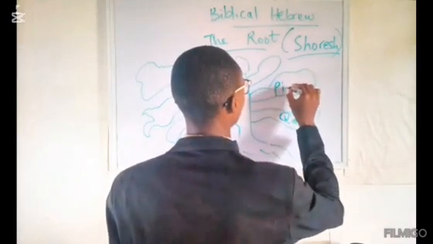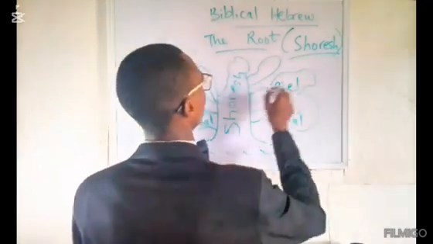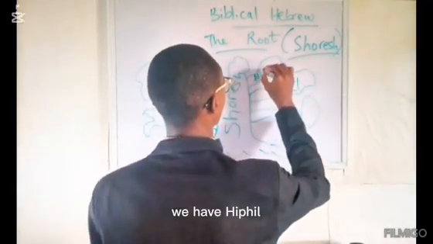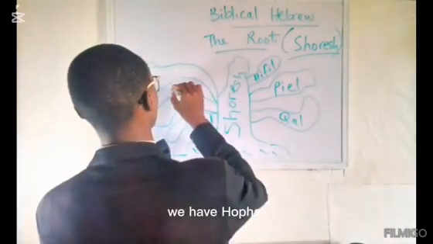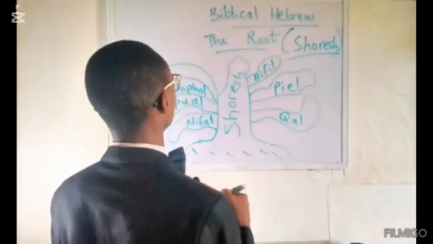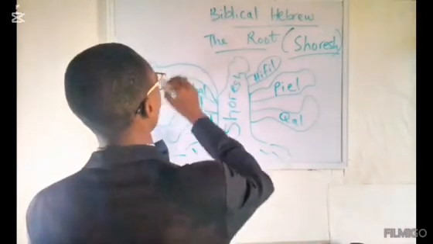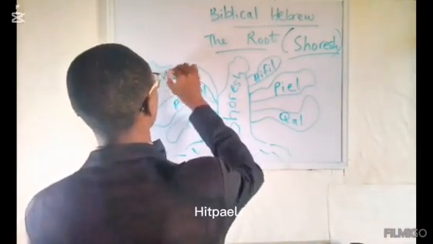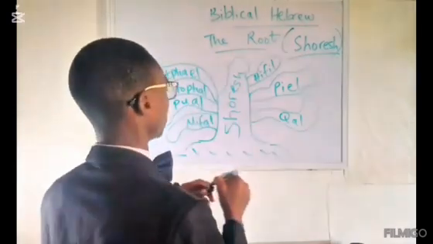All right. So then we have Pihe, and we have Puha, we have Ifi, we have Ufa, we have It, Pahe.